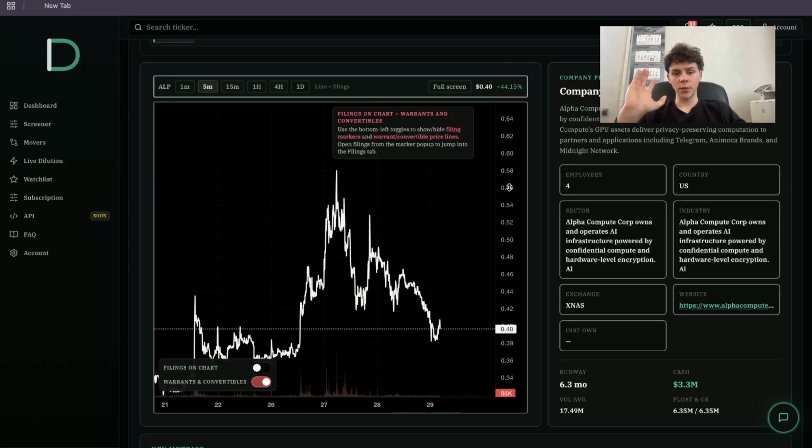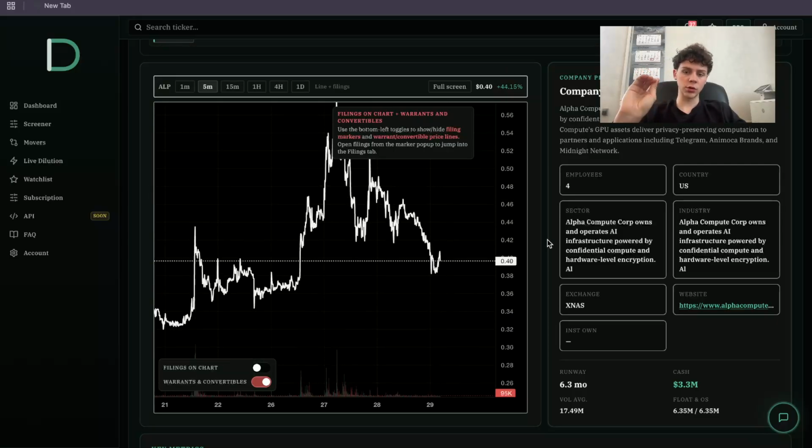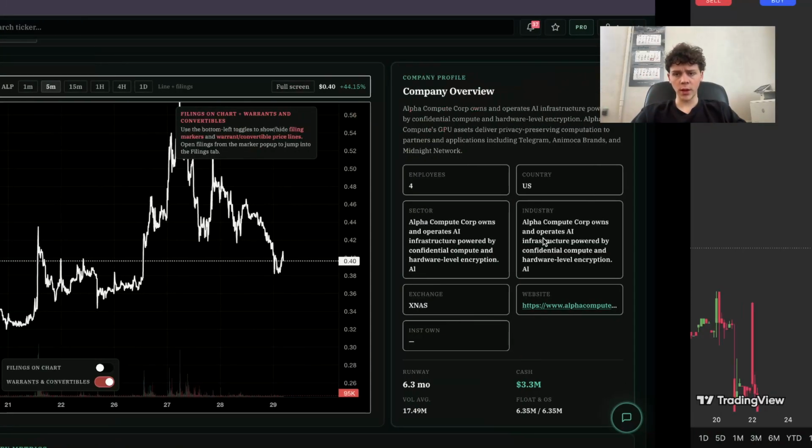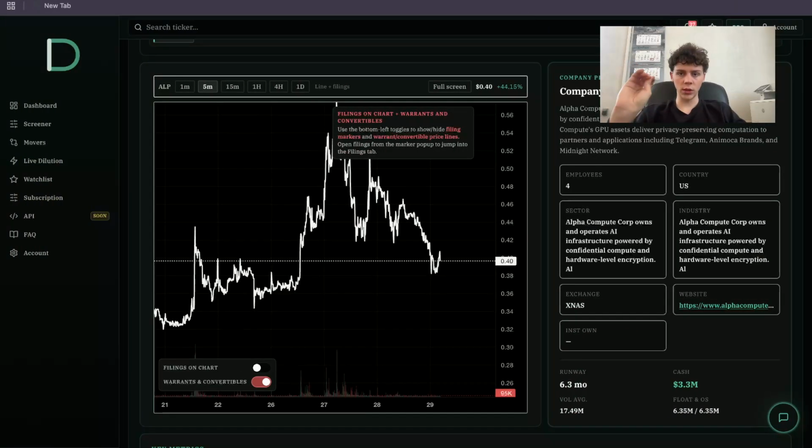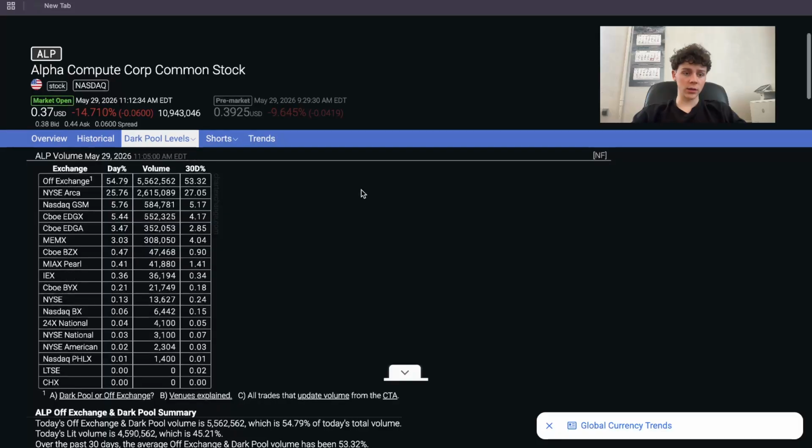So for people who trade stocks looking at dilution metrics and seeing that the company is likely to dilute, has diluted investors in the past, and you want to short to make money this way, you have to be very careful with the short squeeze. So you have to look at how much volume is being traded off exchange.